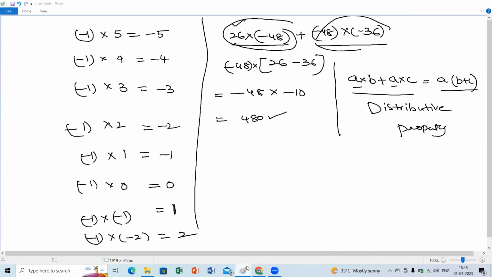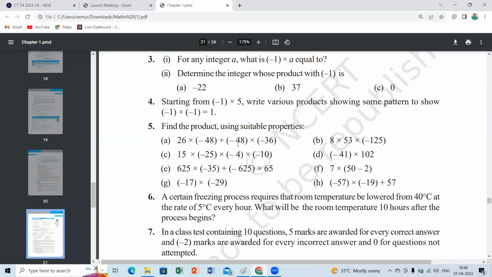Now let me go with question B. 8 multiplied with 53 multiplied with minus 125. Again, which multiplicative property is this? There are three numbers. We can multiply in any order.